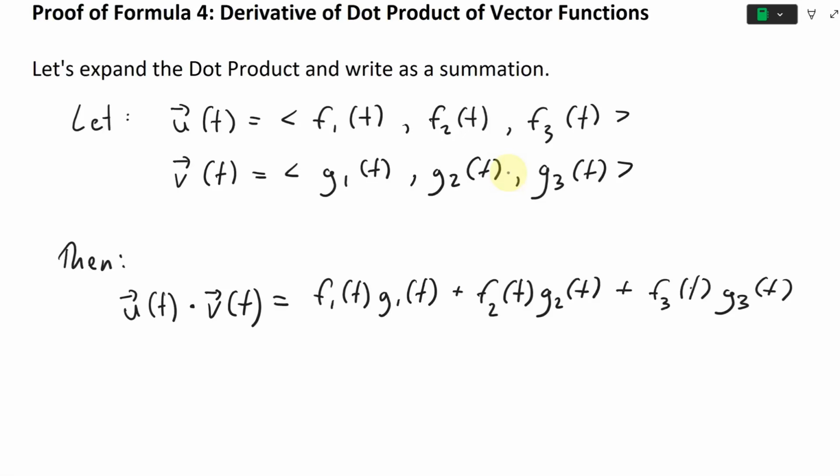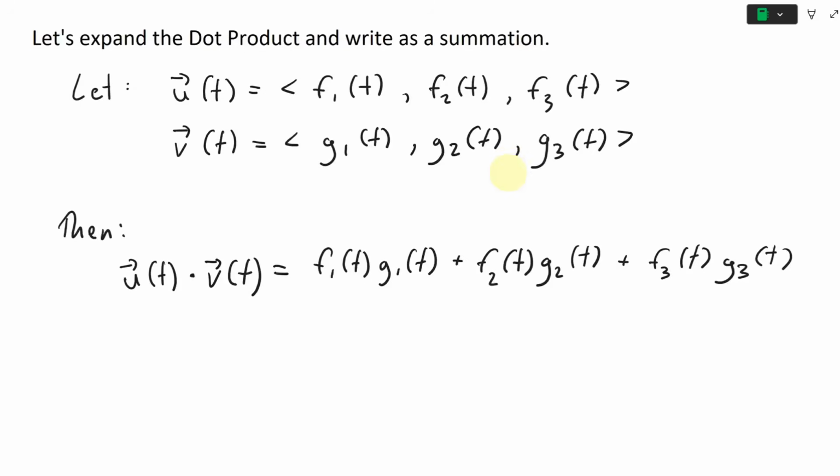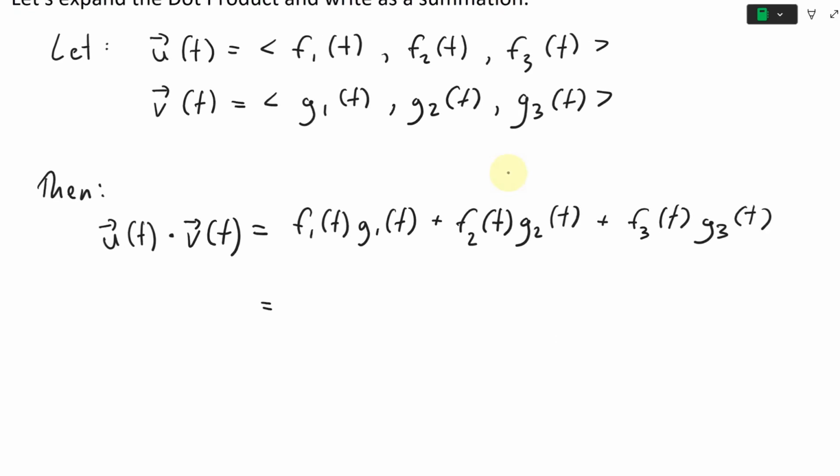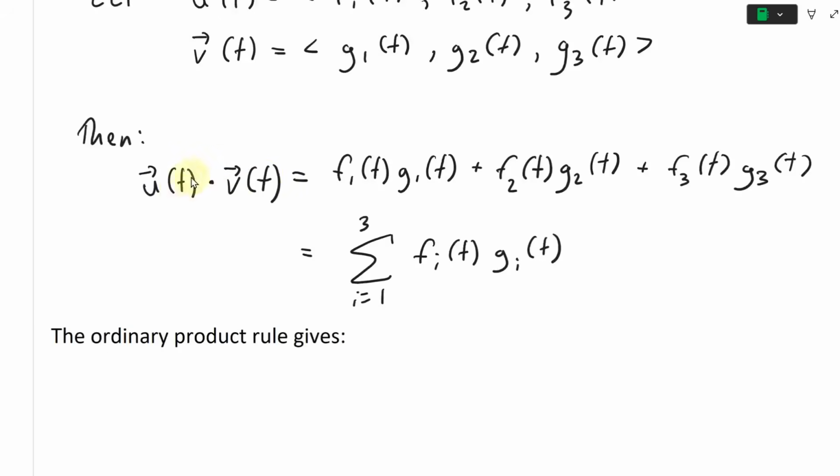My calculus book writes this as a summation, so this equals the summation from i equals 1 up to 3 of fi of t times gi of t. So basically we've taken the dot product and written it as a summation.